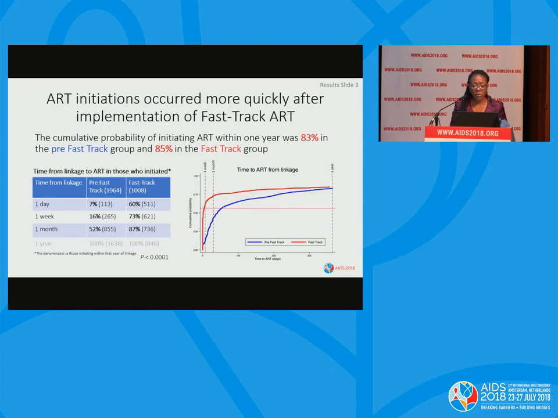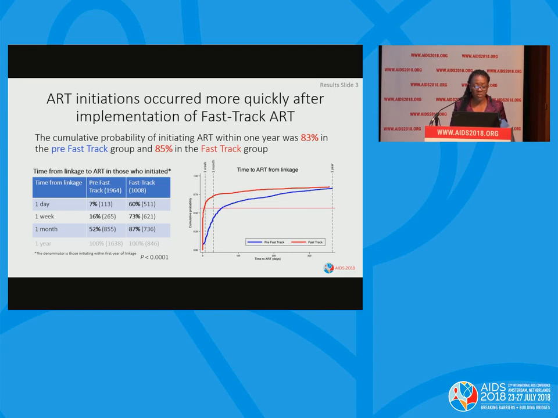The cumulative probability of initiating ART within 1 year was 83% in the pre-fast track group and 85% in the fast track group. Now looking at the timing from linkage to ART initiation, on the first day, day 1, 7% initiated in the pre-fast track and 60% in the fast track.